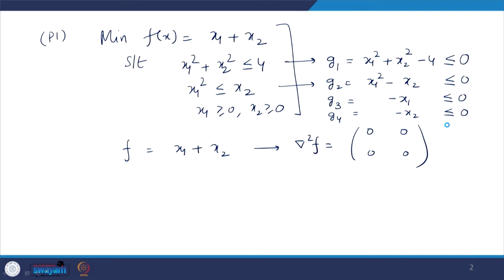The third constraint is linear, minus x1, which is obviously convex, and the fourth constraint minus x2 is also linear, which is also convex. So, hence we can say that the objective function as well as all constraints for this problem P1 are convex, and hence this problem is a convex programming problem.